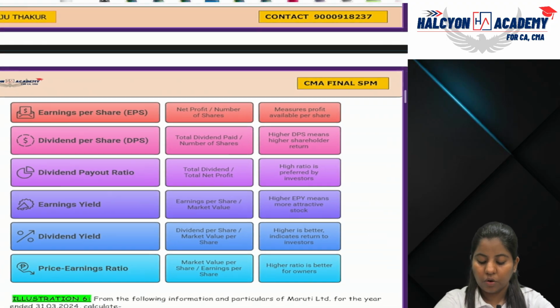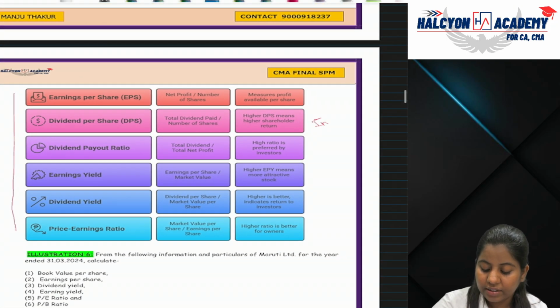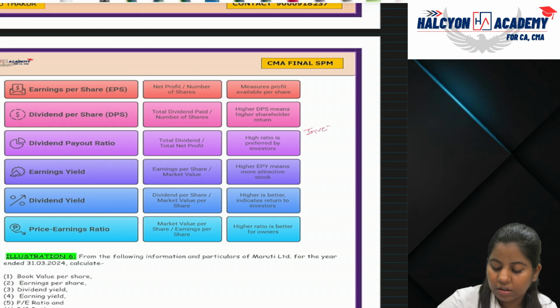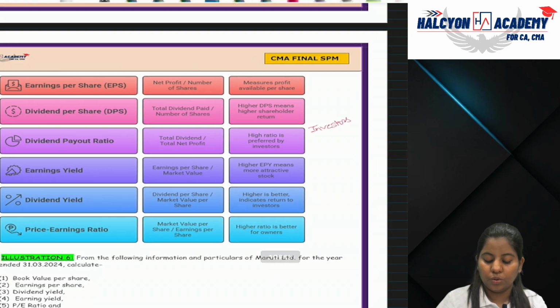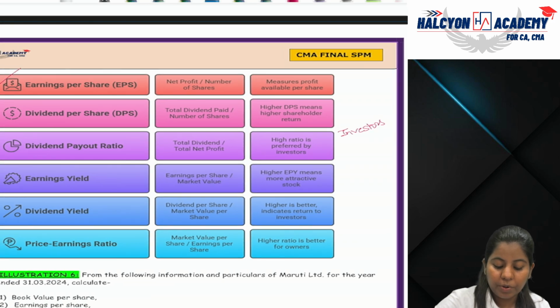And at last, all the ratios related to the investors. These are investor ratios. What are investors ratios? Earnings per share, dividend per share.